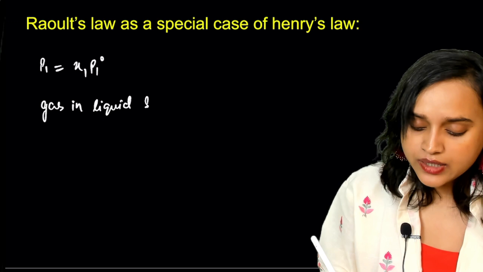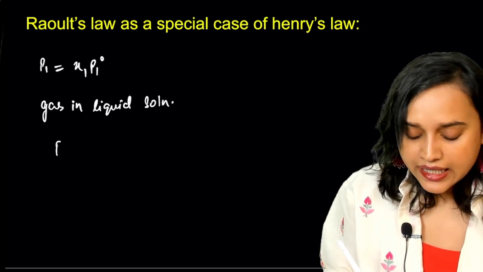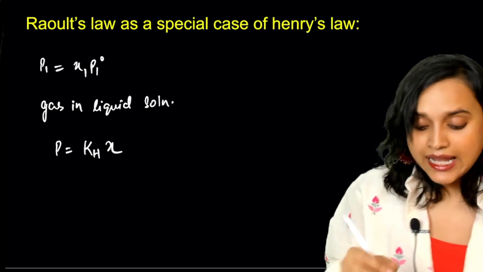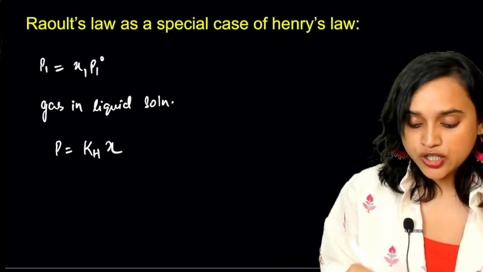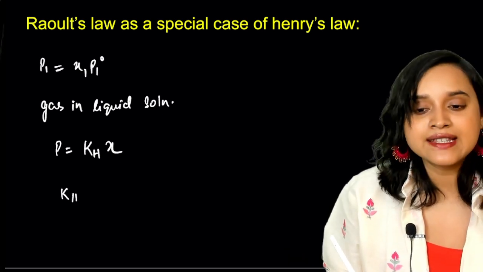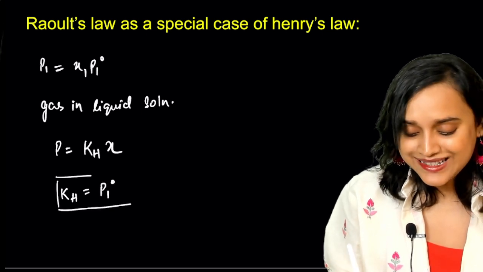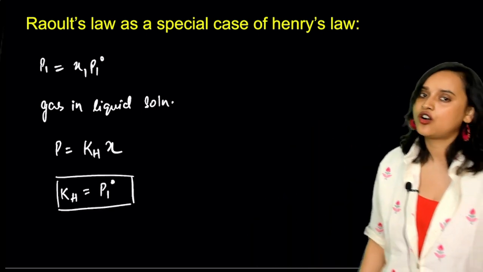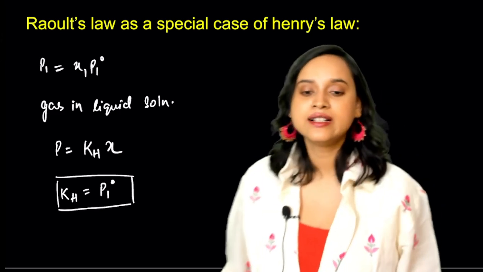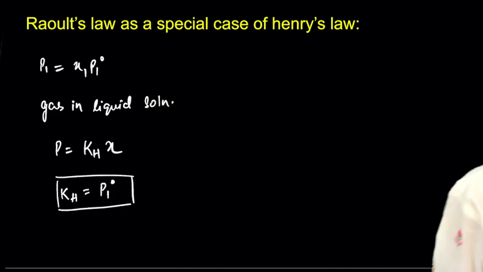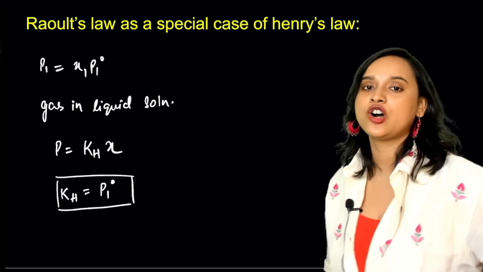If that is the case, then can I write P = Kh multiplied with chi? Yes. If you compare the two equations, you can clearly see that Kh is equal to P1 naught, and this is the special case of Raoult's law as Henry's law. So Kh, the Henry's constant, becomes equal to the pressure of the pure solvent.